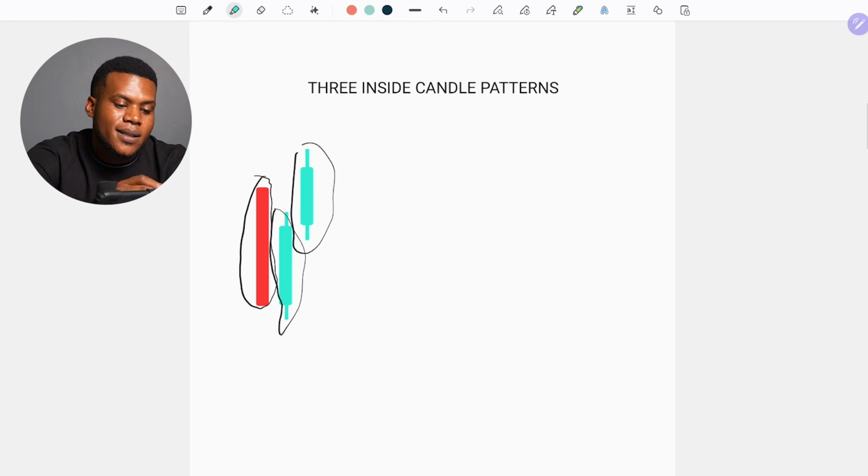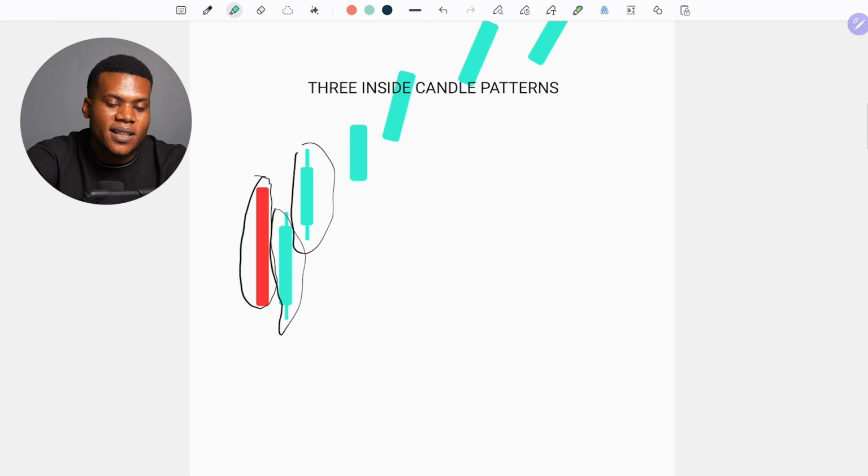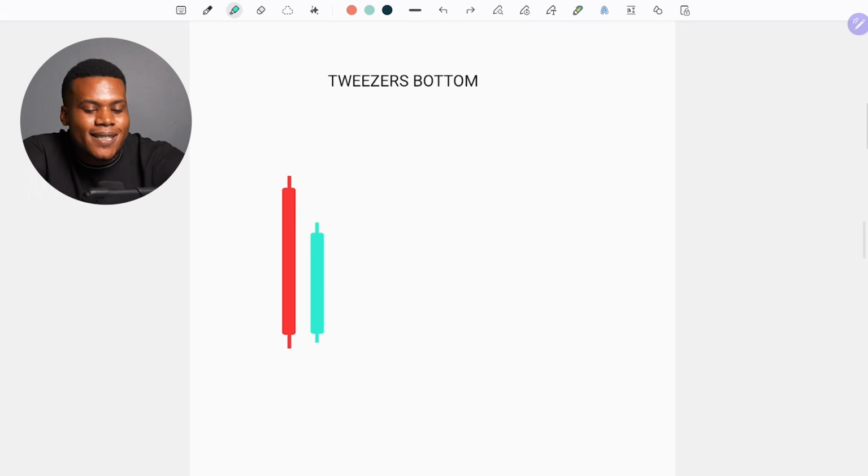So we expect this market to continue going up, up, up. Are you seeing it, guys? But all these candlestick reversal patterns are just there to confuse people, because very many traders always make things complicated.